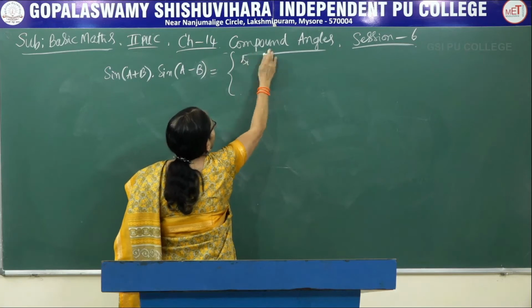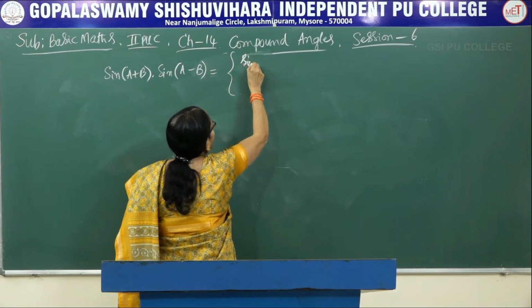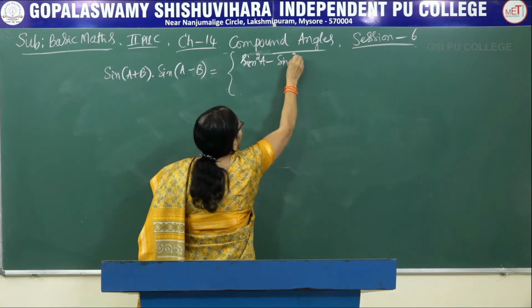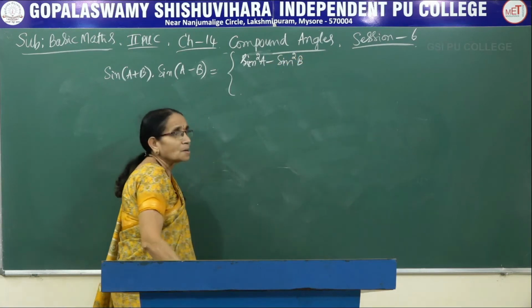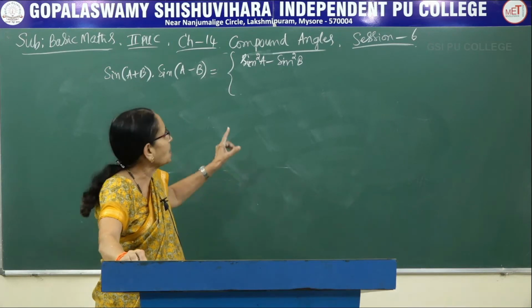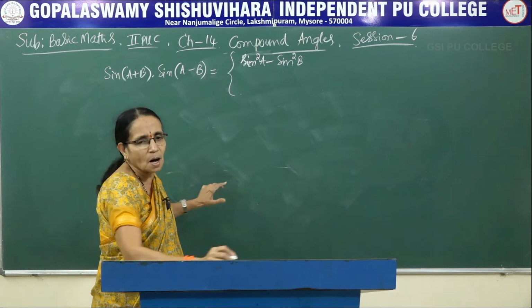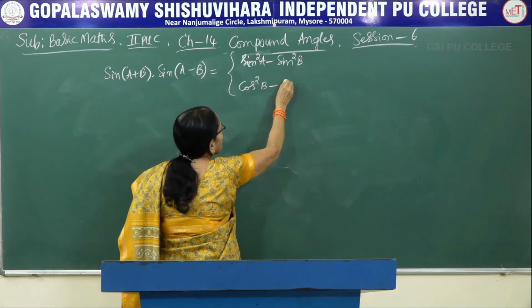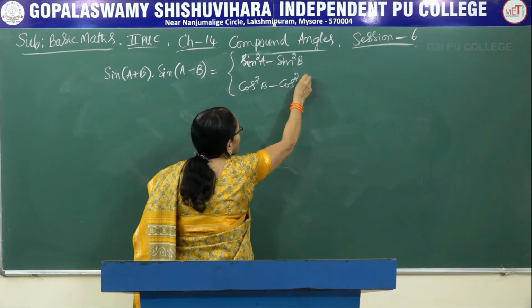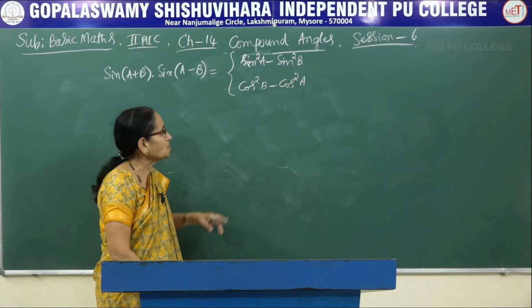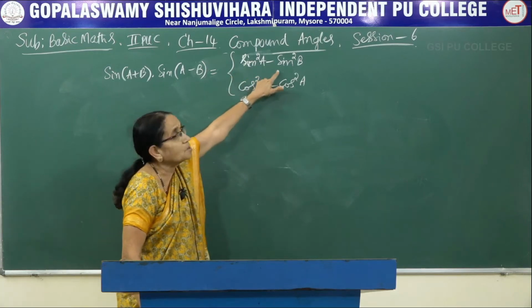First result can be sine square a minus sine square b. Either sine a plus b into sine a minus b will be equal to sine square a minus sine square b, or it would be equal to cos square b minus cos square a. See, in other branches of mathematics, sometimes we come across this one.